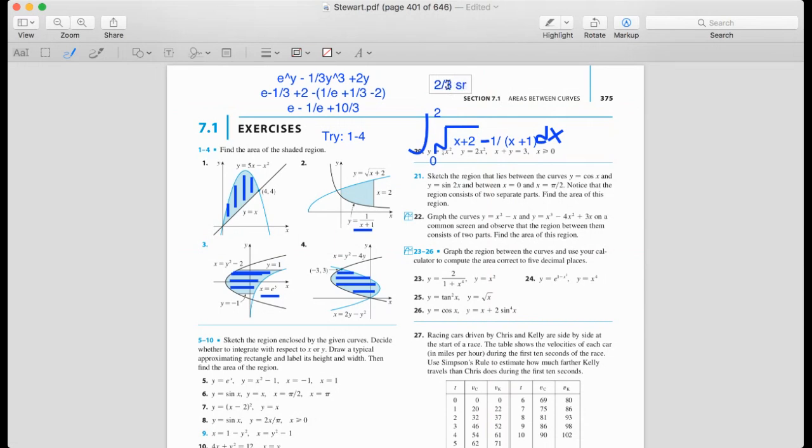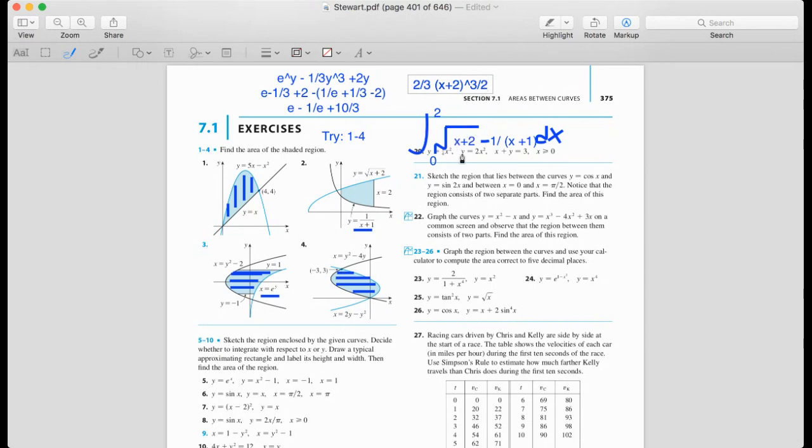So I get 2 over 3 times x plus 2 raised to 3 over 2.